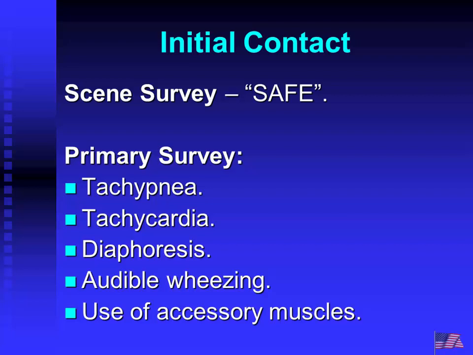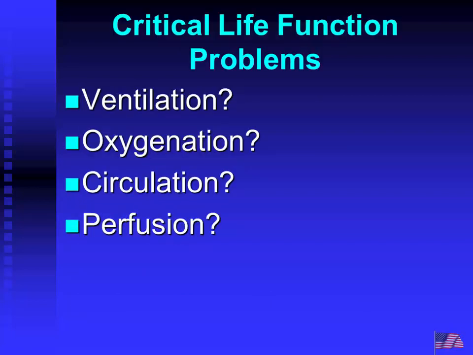So first thing again we want to do is go back to that primary and scene survey. Is the scene survey safe? He's in the ER, so hopefully that should not be an issue, but you always want to take that into account. And then looking at our primary survey, our critical life functions, we notice that he's tachypneic, he's tachycardic, obvious diaphoresis, audible wheezing, and excessive use of accessory muscles.